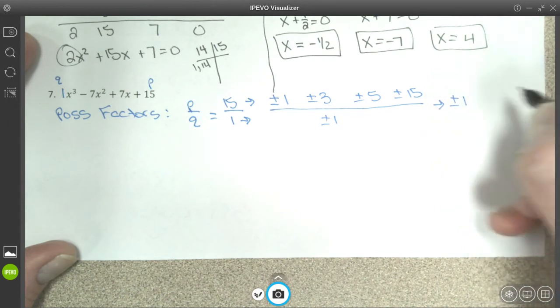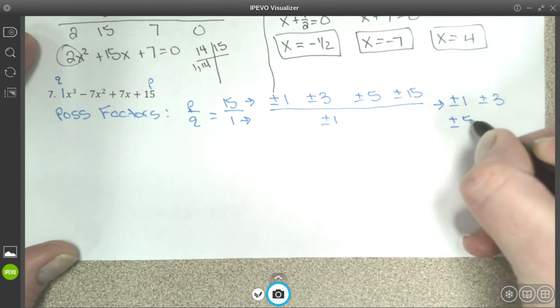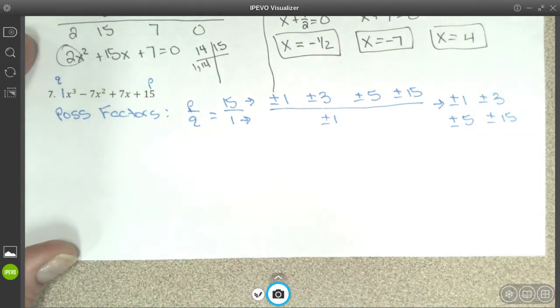So plus or minus 1, 3, 5, and 15. So these are my possible factors. Obviously, not all of them are going to work. This is just a formula that gives you your possibilities to try to narrow it down.